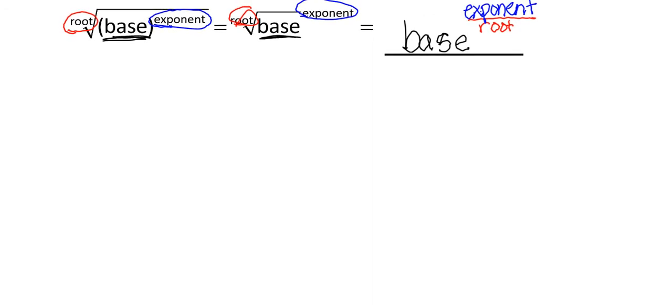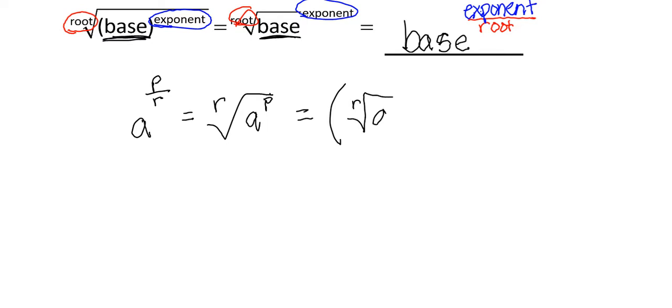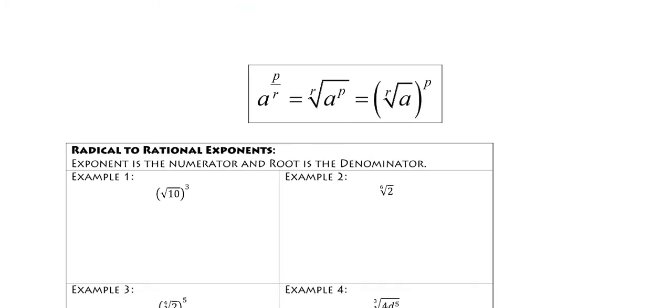This should be written a to the p over r is equal to the r-th root of a to the p, which is also the same thing as parentheses, the root of a, that whole thing raised to the p power. Here's what I was looking for.